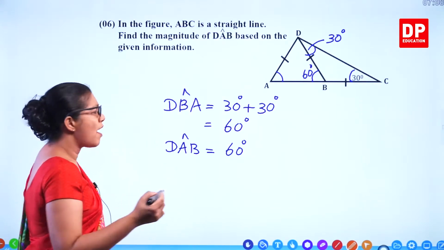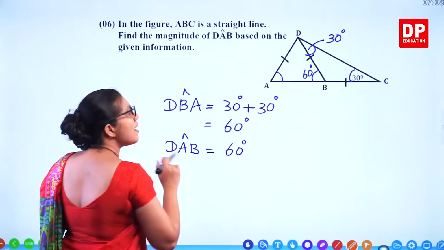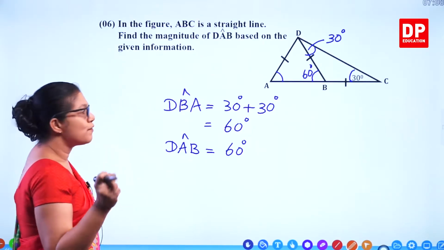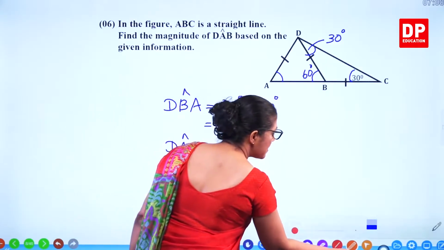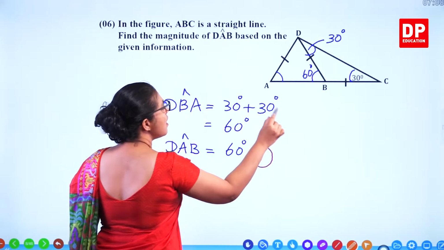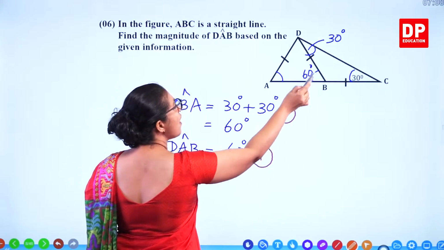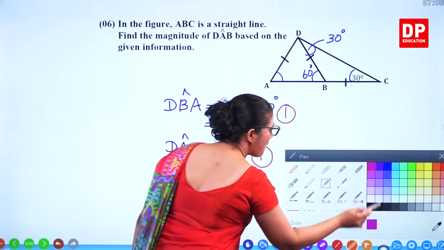You don't have to write down everything. If you write only the answer, that's enough, you get full marks. So DAB is 60 degrees. You get 1 mark here and 1 mark for identifying this is 60. So 2 marks altogether.